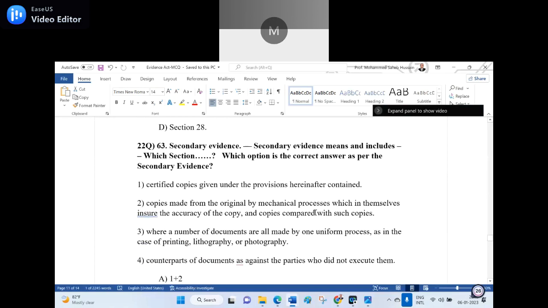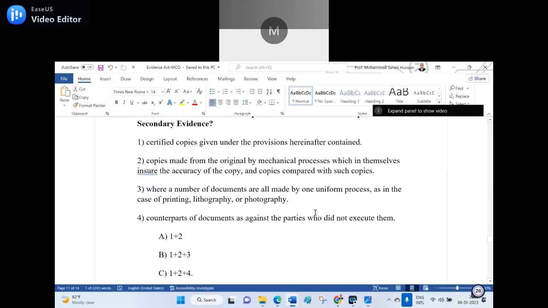Yes, 22nd question. Section 63, secondary evidence. Secondary evidence means and includes which? Of course, I already gave it. Which option is the correct answer as per secondary evidence? 1. Certified copies given under the provisions hereinafter contained. 2. Copies made from the original by mechanical process which themselves ensure the accuracy of the copy, and copies compared with such copies. 3.